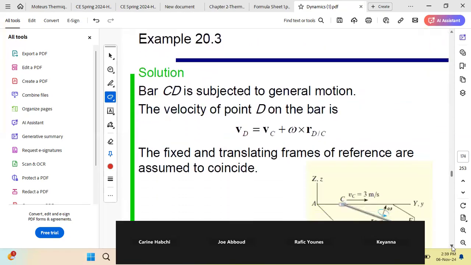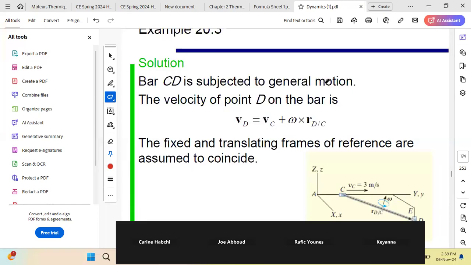Okay. So first, bar CD is subjected to general plane motion. So we can relate the velocities of points C and D by VD equals VC plus omega vectorial CD. And the fixed and translating frames of reference are assumed to be coincident. What we are doing here is considering small xyz and big xyz to be coincident at this instant. In general, small x, small y, small z can be attached to the translating point.